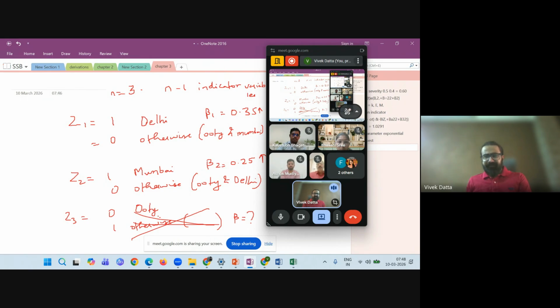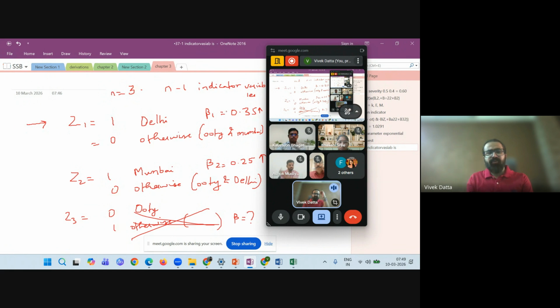If it's a simple computer program running through the proper channels, it will first come to Z1. It will come to Z1 and say, for example, I'm Ooty. They will say, okay, I should be 0 here. Okay. 0 into beta 1, 0.35. What will be the answer? 0.